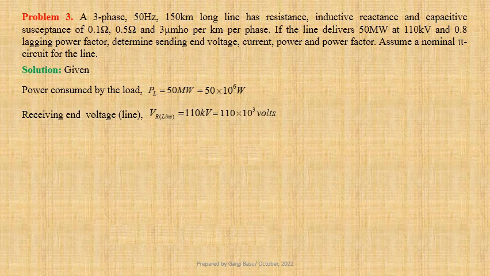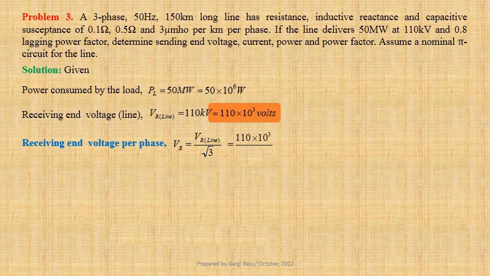For star connected system, receiving end voltage per phase VR equals VR line divided by root 3, that is 110 into 10 to the power 3 divided by root 3. That gives us 63,508.53 volt. Given load power factor cos phi L equals 0.8 lagging.